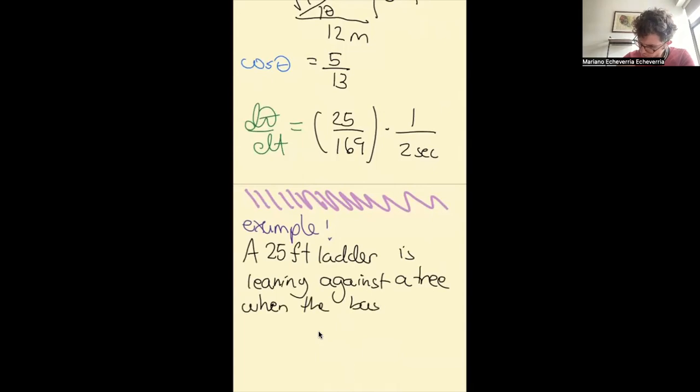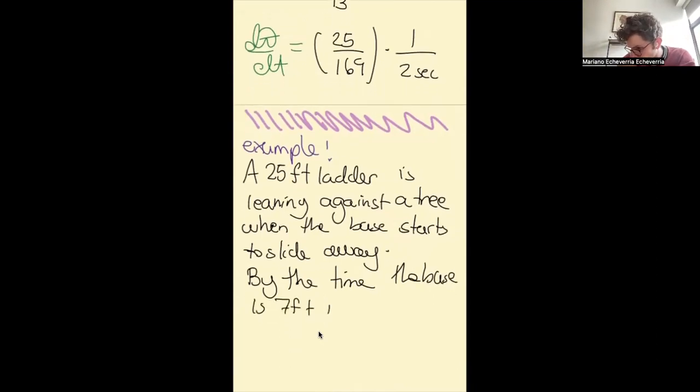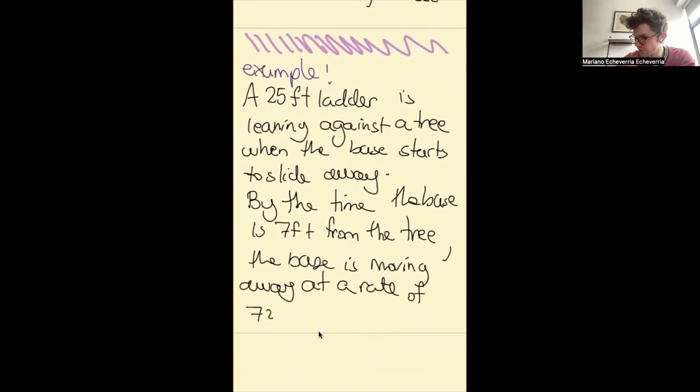When the base starts to slide away, by the time the base is 7 feet from the tree, the base is moving away at a rate of 7/22 feet per second.